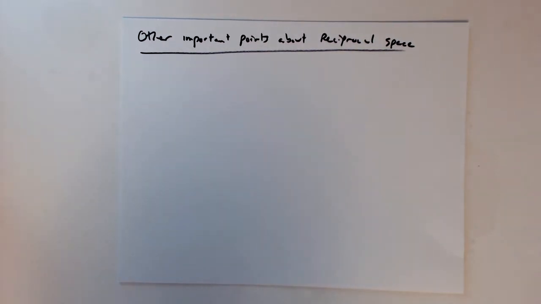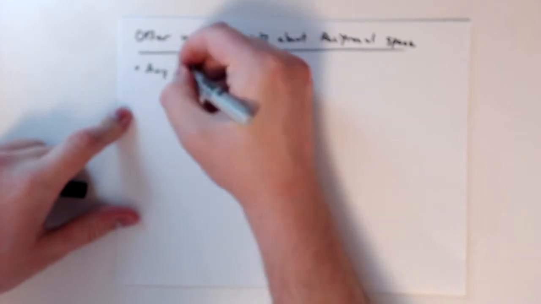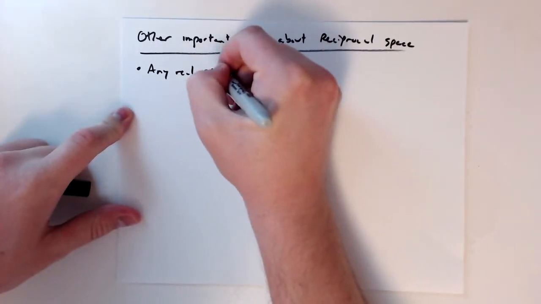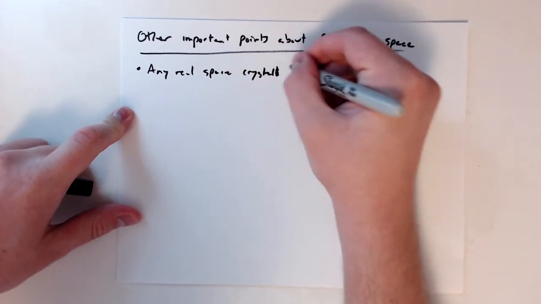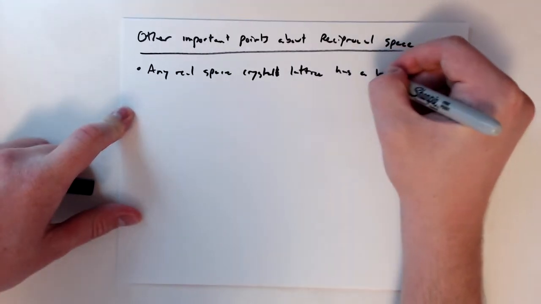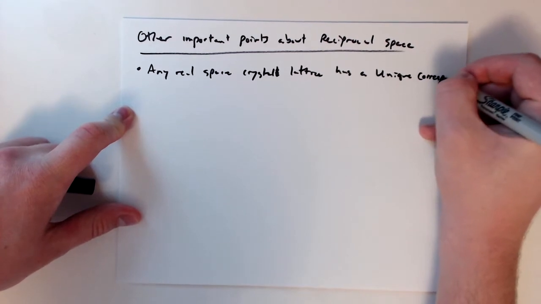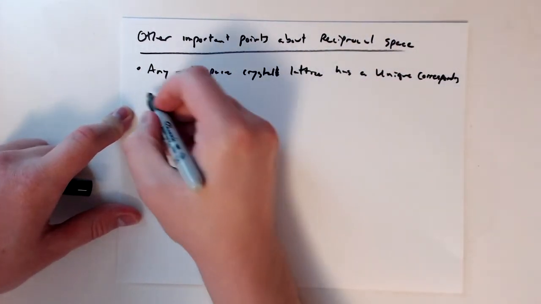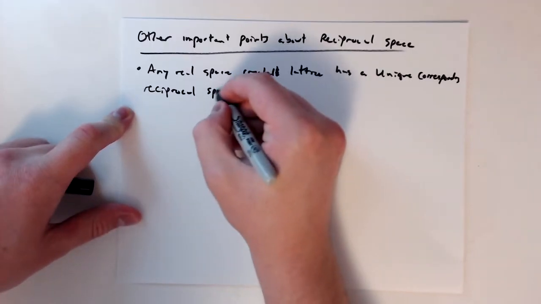All right, to wrap up here on reciprocal space, I want to mention some other important points about this. First of all, any real space crystal lattice has a unique corresponding reciprocal space lattice.